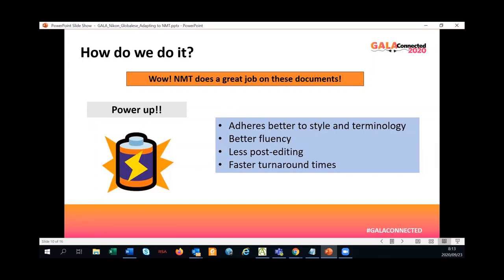Based on the quality we were seeing, we switched to using Globalese NMT for all our engineering procedures. Post-editors found a definite efficiency gain because it adhered better to terminology and style. It was more fluent and more accurate, there was less post-editing, and they could get done with jobs faster.